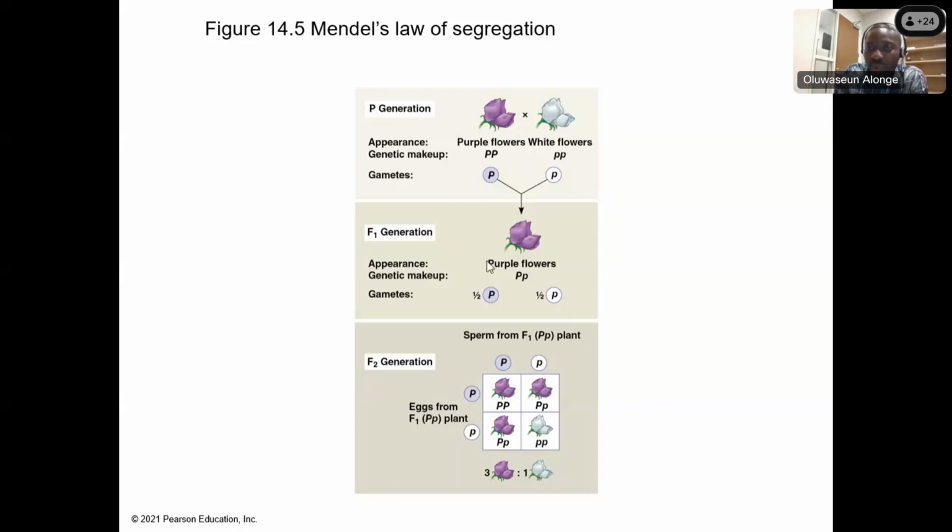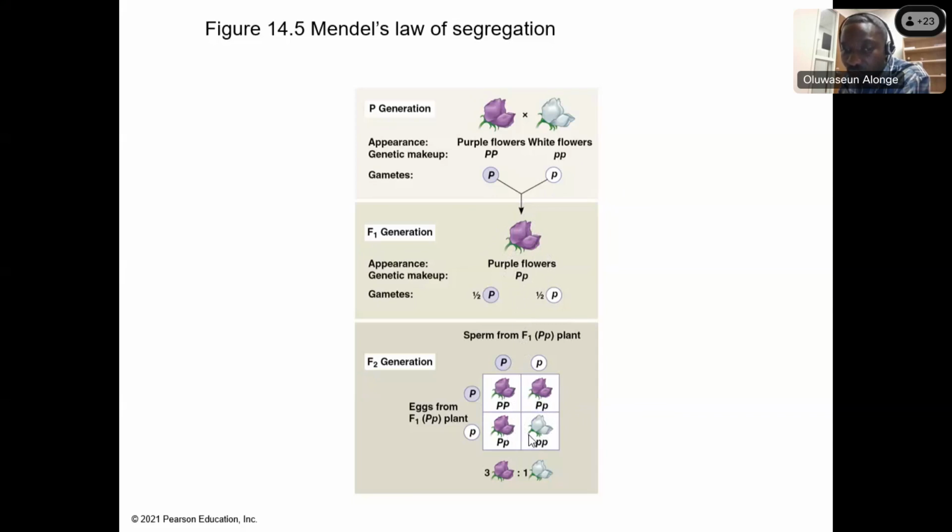So again, this is what we did earlier. This is the parent generation, and I told you these are true breeding plants. Then they crossed on each other, and then now you have heterozygous dominant, or heterozygous purple. Now, by the time you come here, all the offspring are in the F2 generation, and you see 3 of them are purple, even though they have different genotypes, and 1 of them is white.